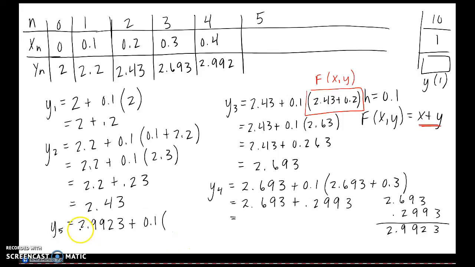0.1. Take the original decimal. Add to that your 0.4. So 2.9923 plus 0.1. And now when we add 0.4 to this, 3.3923.